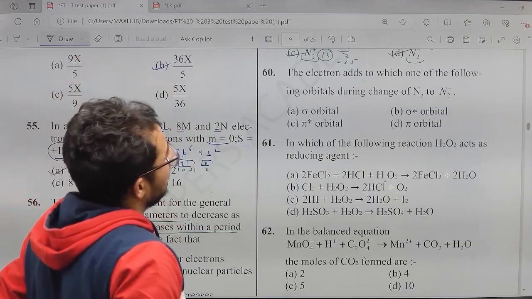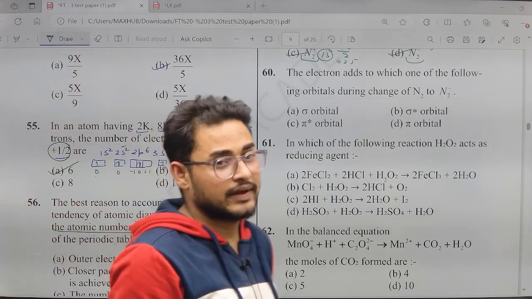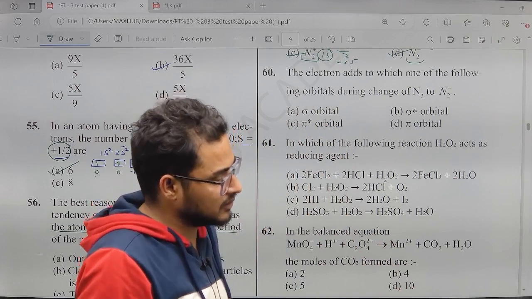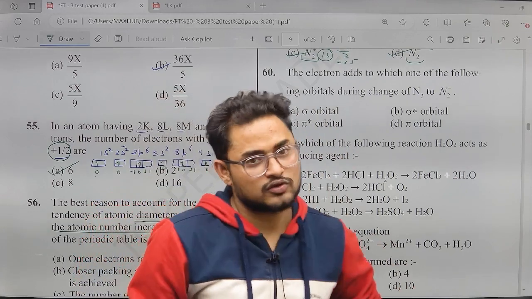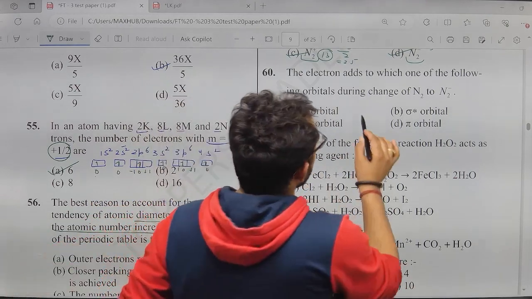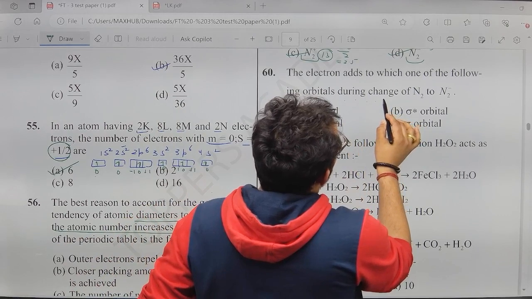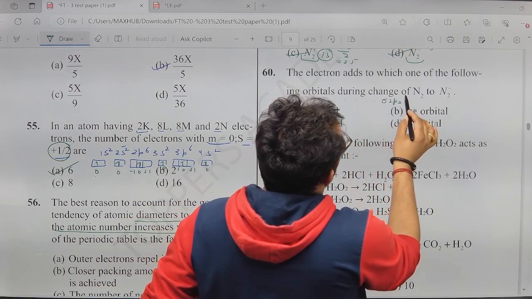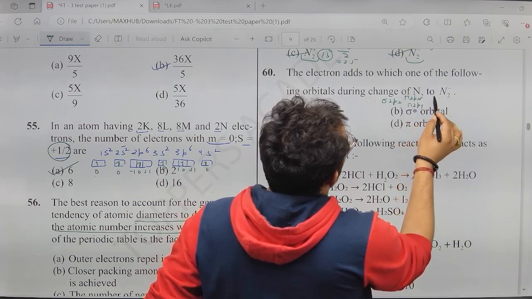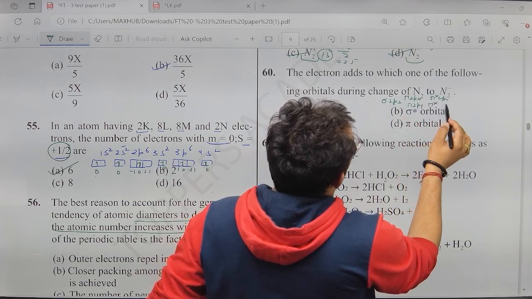Question number 60. The electron adds to which one of the following orbitals during change of N2 to N2 minus? If you see the energy order of orbitals for species having more than 14 electrons: sigma 1s, sigma star 1s, sigma 2s, sigma star 2s, pi 2p x, pi 2p y, sigma 2p z, pi star 2p x, pi star 2p y.